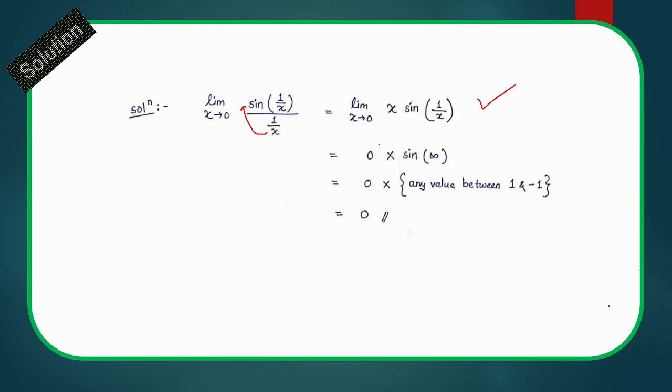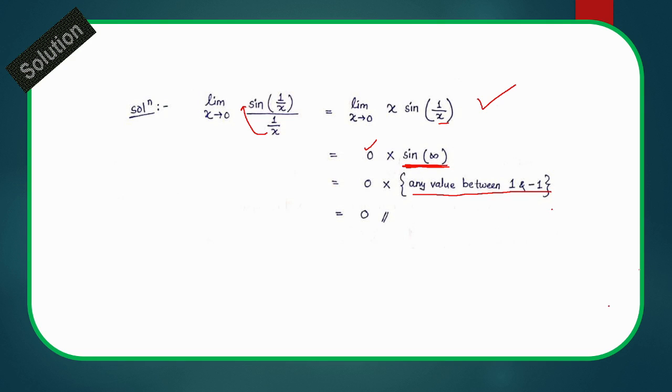And we know limit x tends to 0, x equal to 0. And if you put 0 here, sin infinity. And we saw earlier sin infinity can take any value between 1 and minus 1.